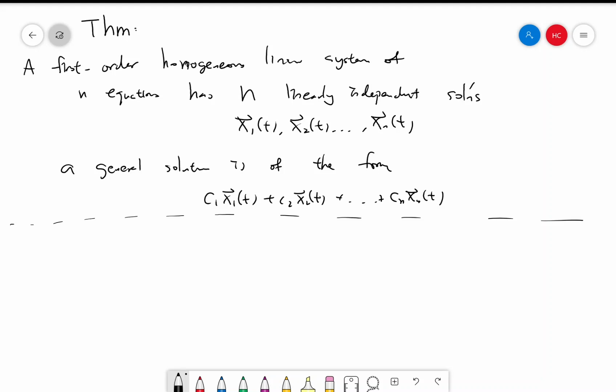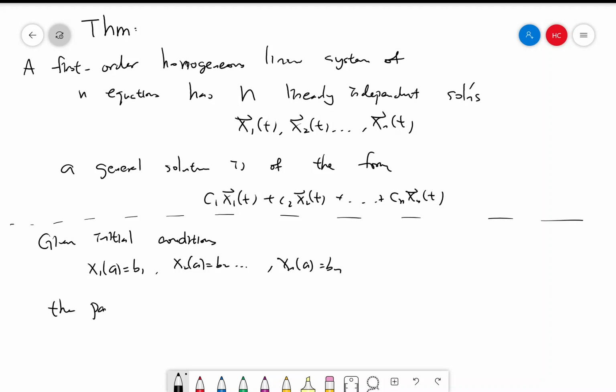And if you have initial conditions, it's first order, so we only need a condition at one point for each function, but there are n functions, so we have n initial conditions. So given initial conditions, x1 at the number equal to b1, x2 at the number equal to b2, xn at the number equal to bn, then the particular solution is unique.